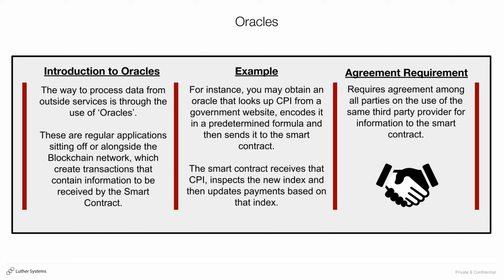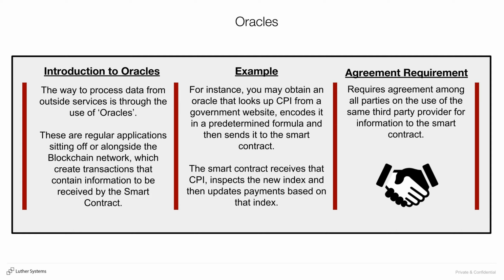And so, as I mentioned, in the Ethereum and Hyperledger Fabric world, these oracles can send just arbitrary data to these smart contracts. So if it's a consumer price index, every single day, maybe you have an off-chain oracle that looks up the CPI from some government website, encodes it in a predetermined format, and then sends just that message with a signature to the smart contract.